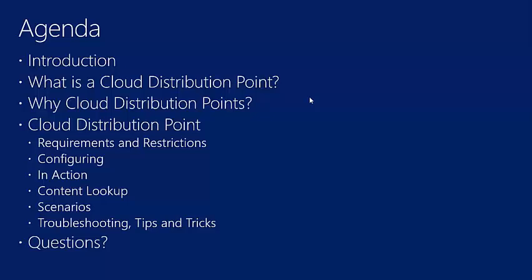The cloud distribution point, whenever it first showed up in ConfigMgr, was deployed using what's called the classic deployment model in Azure. As of ConfigMgr 1806, I believe, we introduced a second deployment model called Azure Resource Manager.